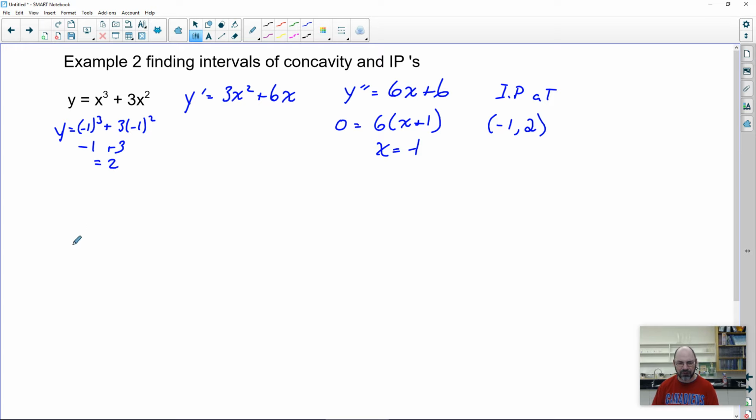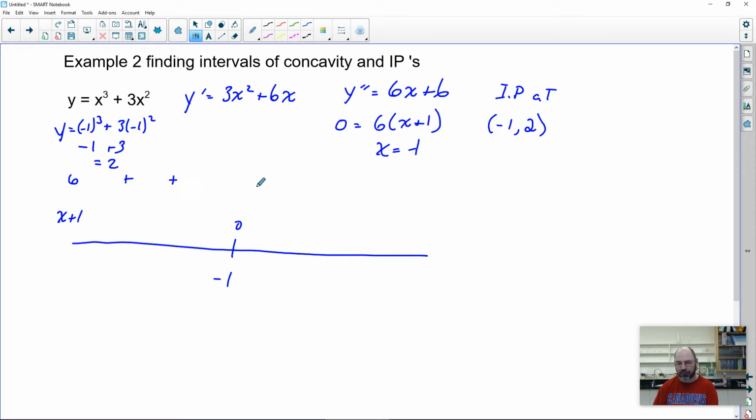Okay, so now all you have to do is put your IP -1 in here, and then take your second derivative, which is 6, constant throughout. 6 is always positive, but you have x plus 1 here. It's 0 right here. That means that's where the concavity shifts.